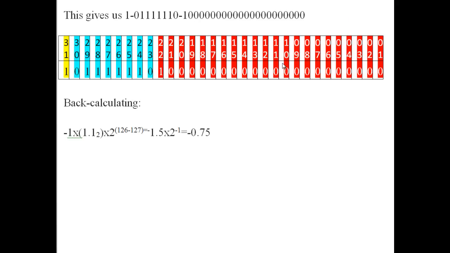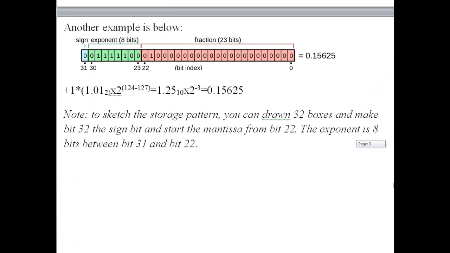We can back calculate this number too, but I'm going to go on to this one, which shows us a decimal representation of 0.15625 as a sign mantissa exponent, or sign exponent mantissa, perhaps we should say, in 32 bits.